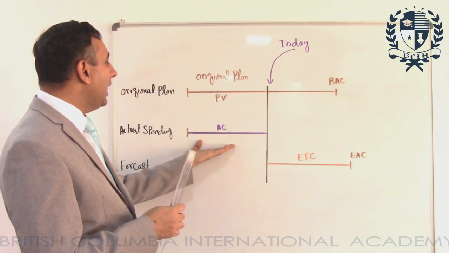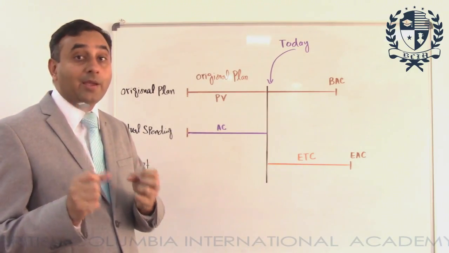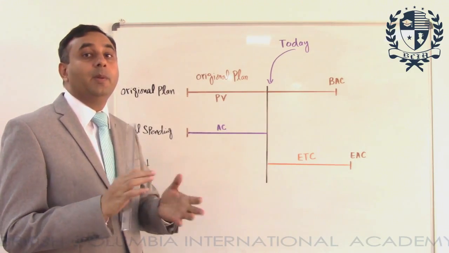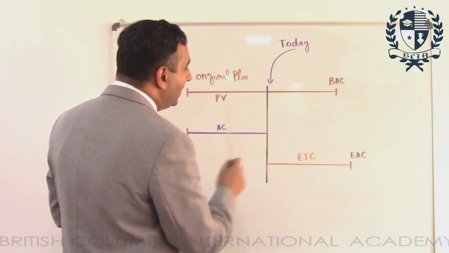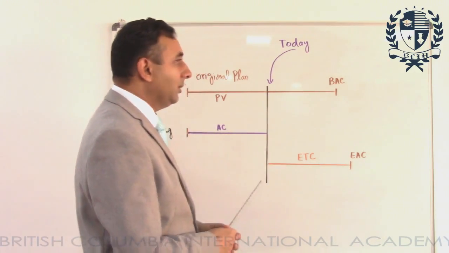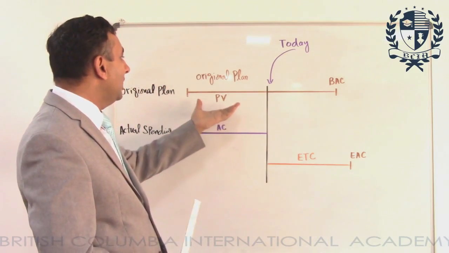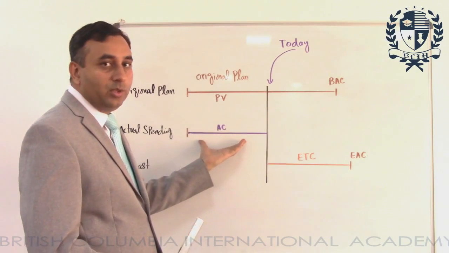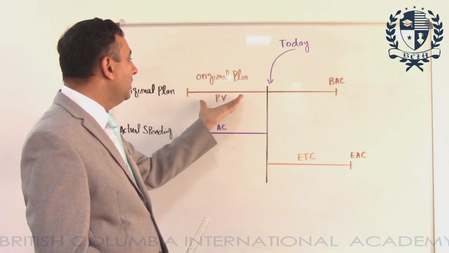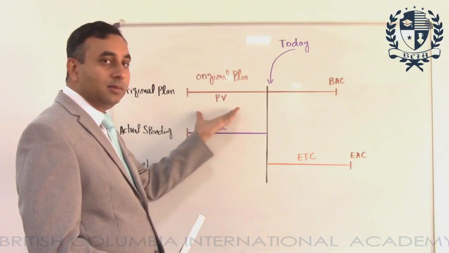So this is our actual cost, what we have actually spent during the completion of the project activities and work. Another important thing is estimate to completion. Once we have done this calculation, we know what the plan actually is and what we have actually spent.